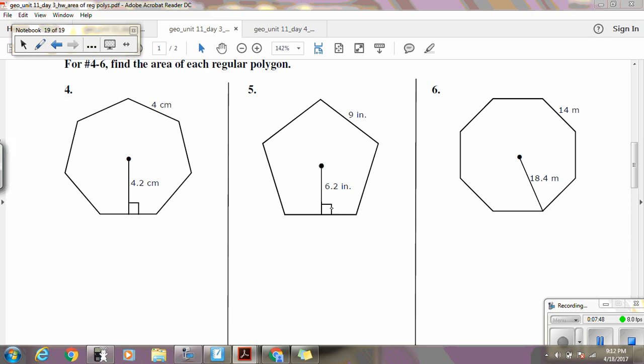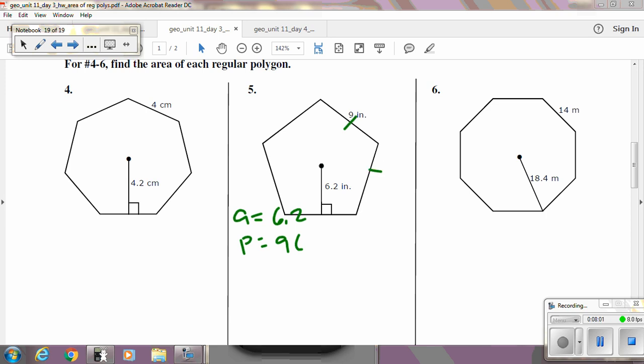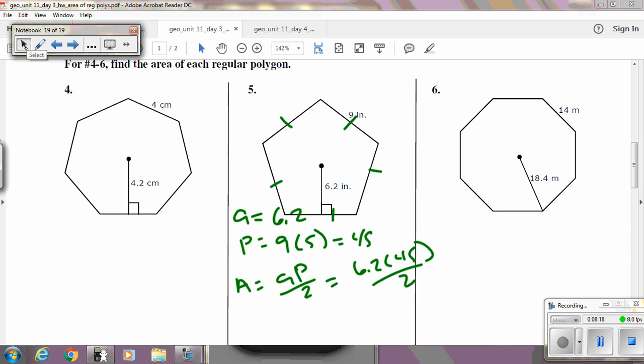All right, for number 5, they give us our apothem and one side, so that's more than enough information. The apothem is 6.2. The perimeter is found by taking 9 times 5, which is 45. So my area, again, is apothem times perimeter over 2. So 6.2 times 45 over 2. And let's grab the calculator.